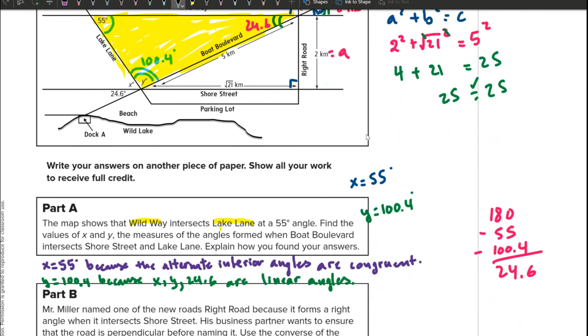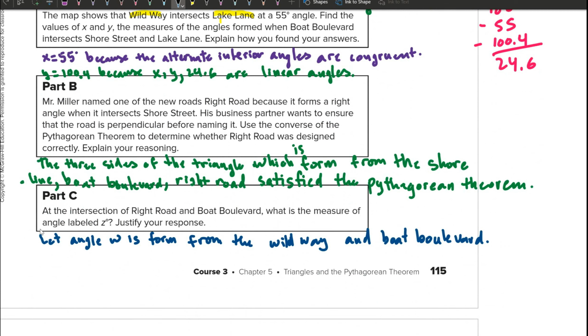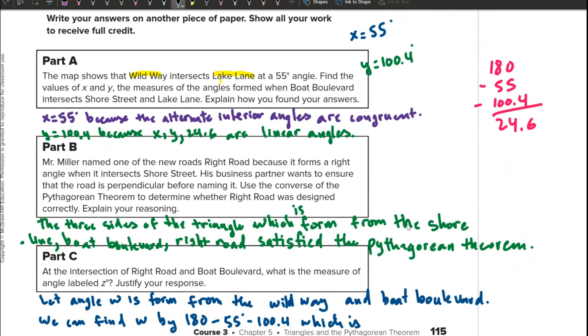Y-Way and Boat Boulevard. We can find W by 180 minus 55 minus 104, which is 24.6, right? Yes, 24.6.